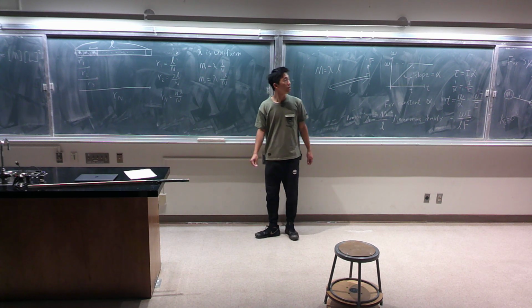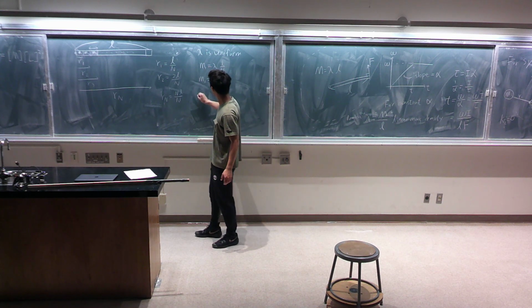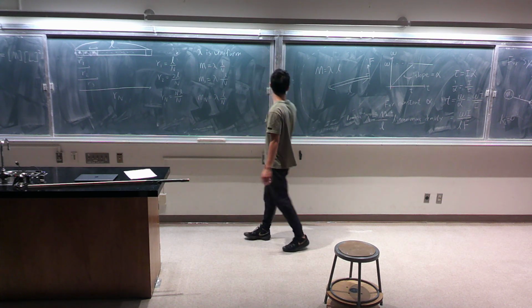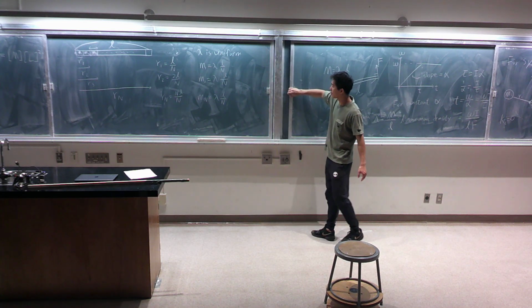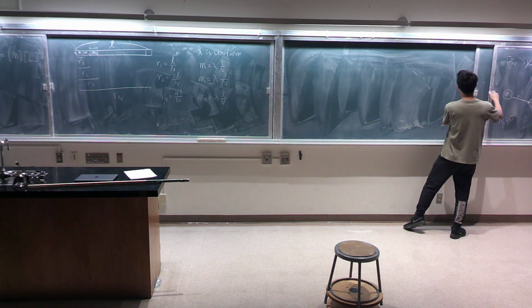Okay? So all the segments have mass lambda L over n. Lambda L over n times n gives the total.